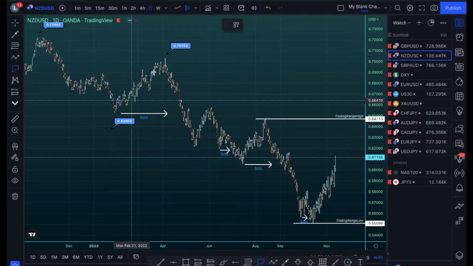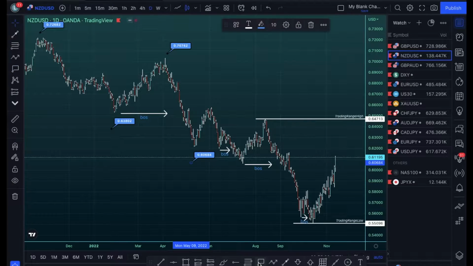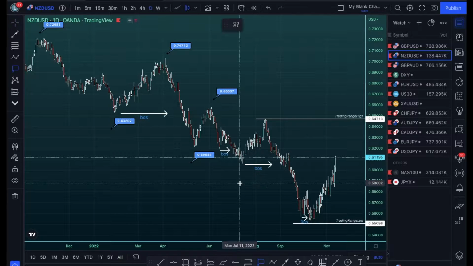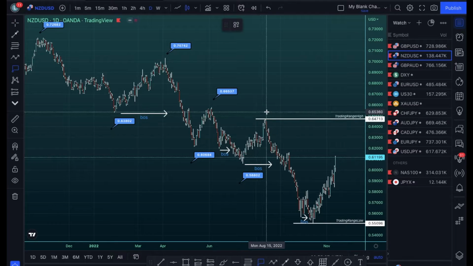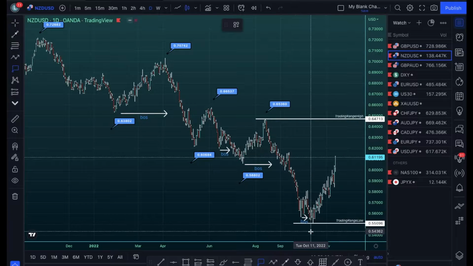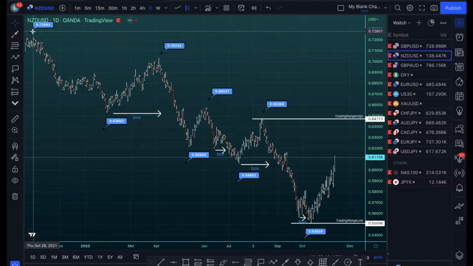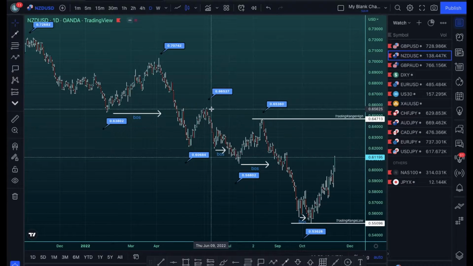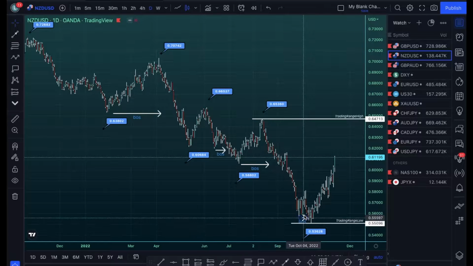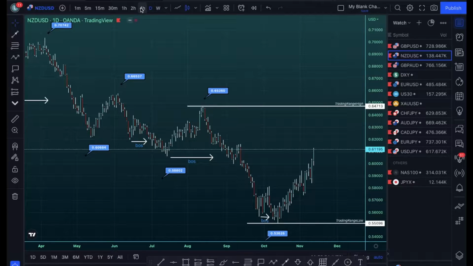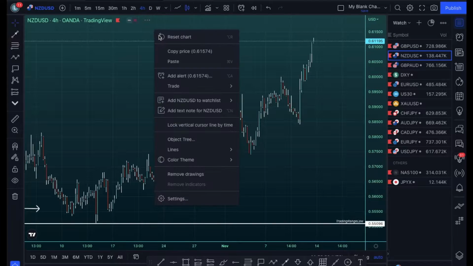So high, low, lower high, lower low, lower high, minor break, lower low, lower high, and then lower low, right? So on the daily, this is just how this is channeling, right? High, low, lower high, lower low, lower high, lower low, lower high, lower low. So now that we have identified our range, right, we can go to lower time frames and see what's happening even more.